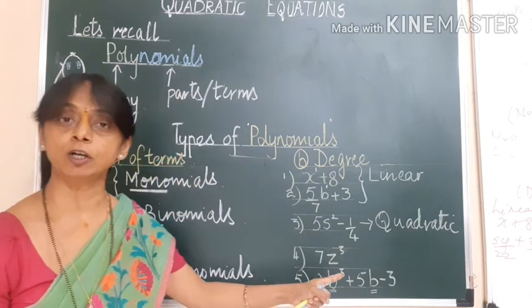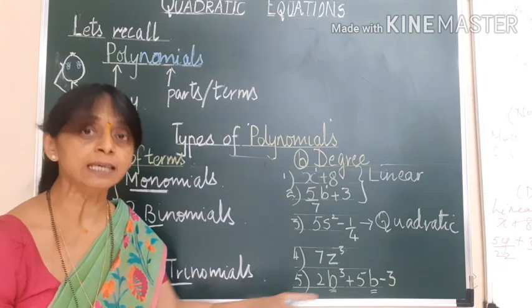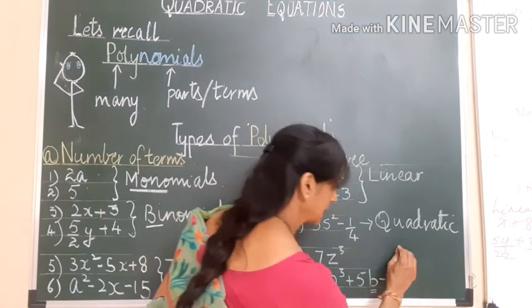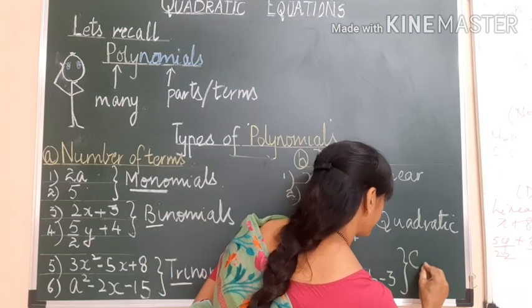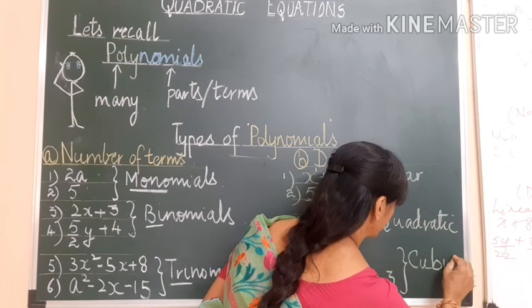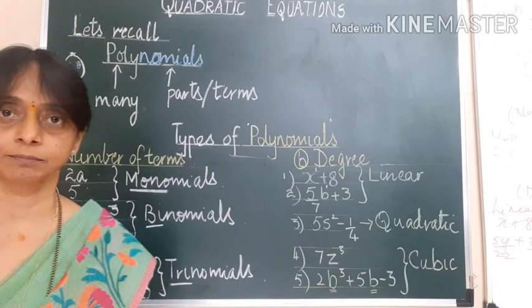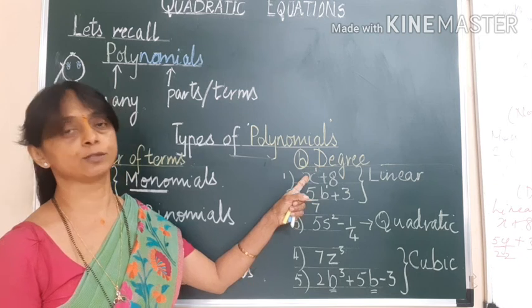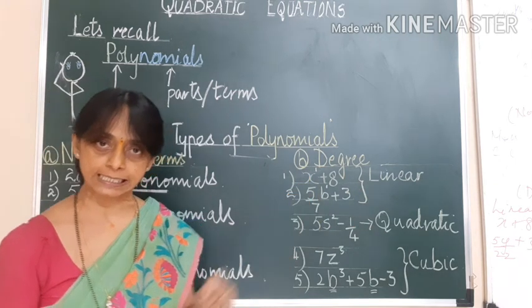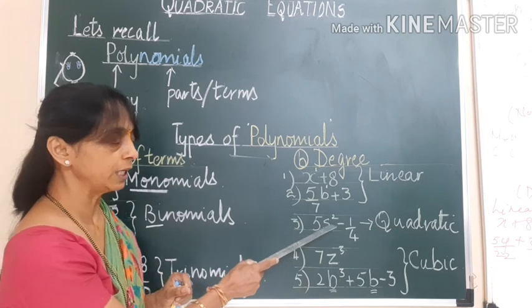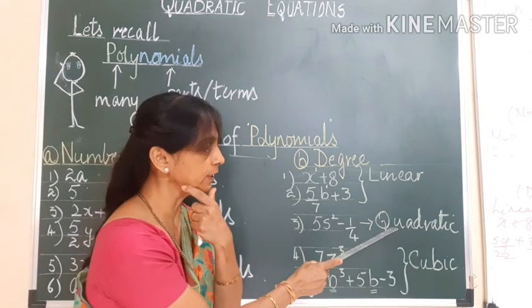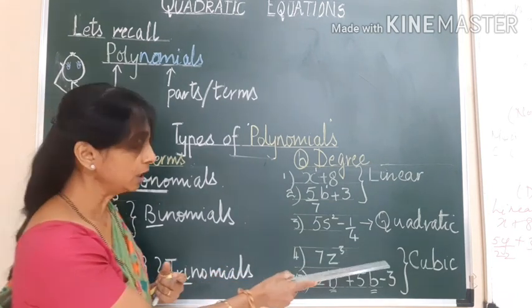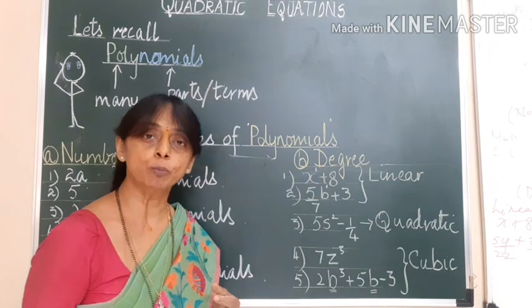In the last example also, the highest degree of the variable b is 3. So, such a type of polynomial is called a cubic polynomial. Once again I repeat, children, where the degree of the variable is 1, those polynomials are called linear polynomials. Where the degree of the variable is 2, those polynomials are called quadratic polynomials. Where the degree of the variable is 3, polynomials are termed as cubic polynomials.